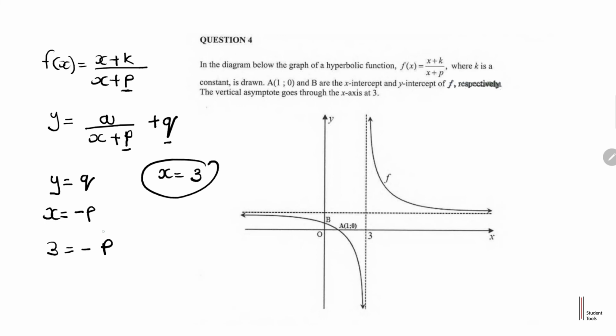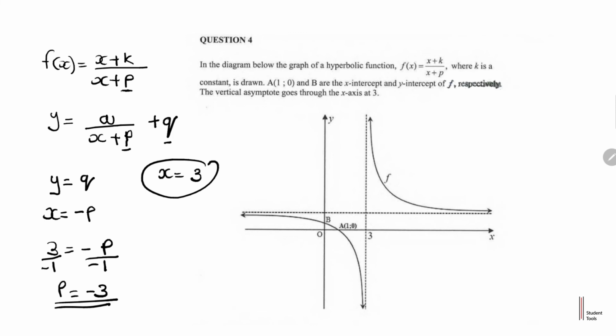Then we make p the subject, dividing by 1 on both sides, and p will be equal to negative 3. That is just how we find the value of p. We are taking that from the vertical asymptote.